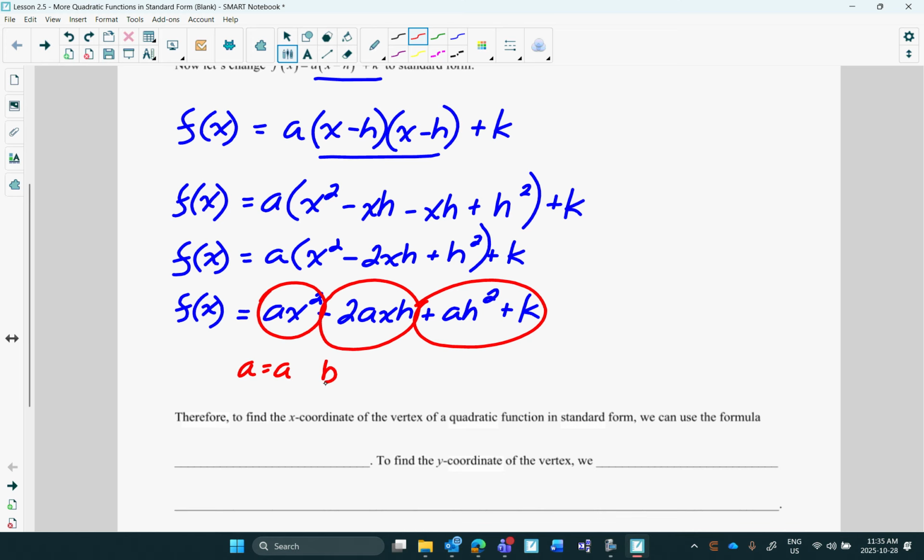The value of b is this portion here because it's got the x in it, minus 2ahx. And the value of c are these two things. I only want to focus on this one.